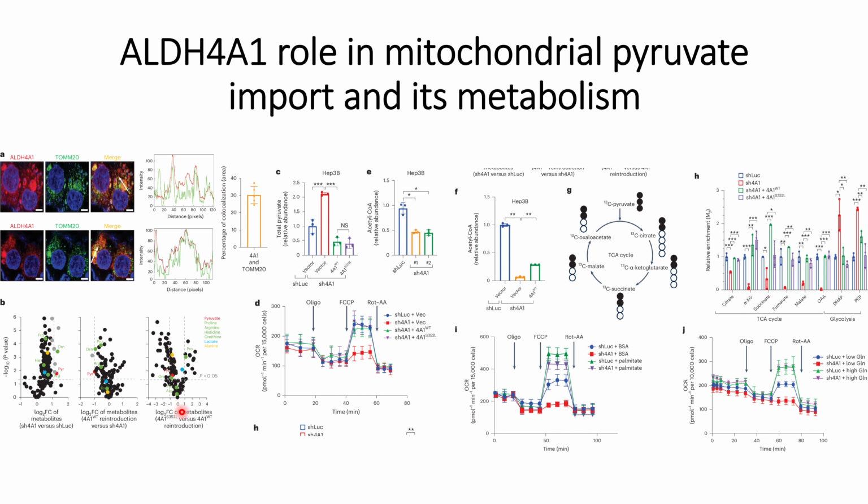ALDH4A1. Except for proline, they see a decrease in arginine, ornithine, and histidine, but proline shows slightly on the higher side.